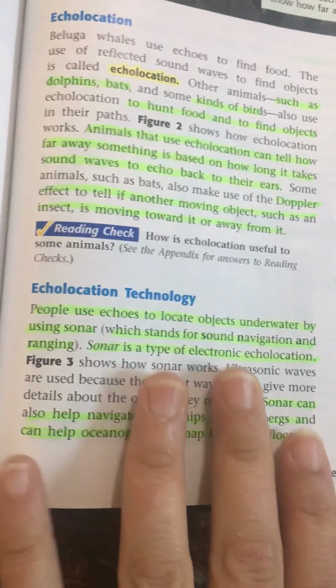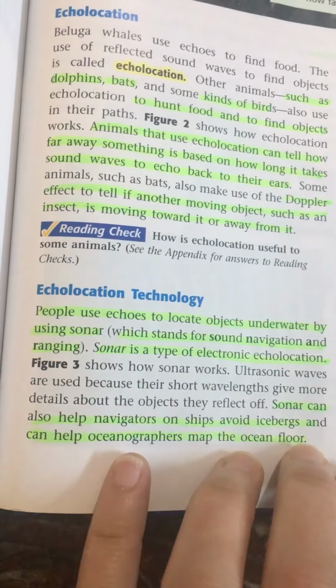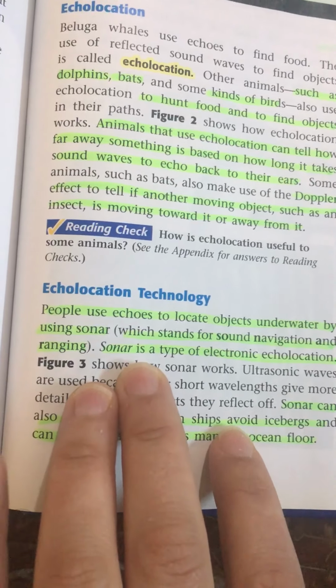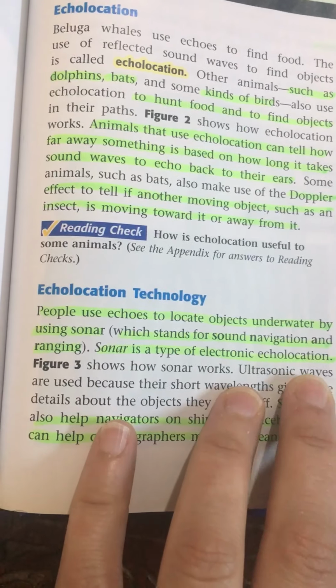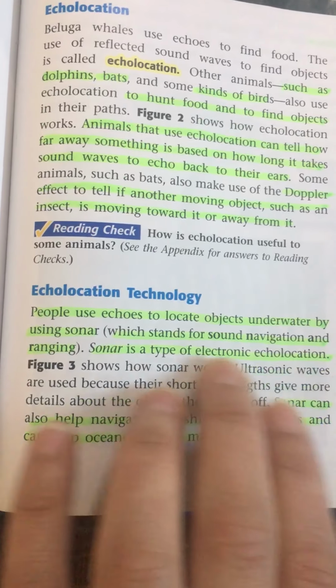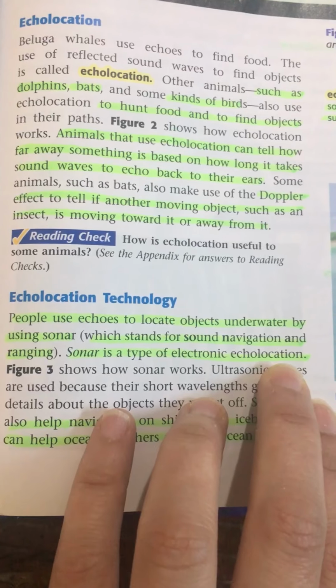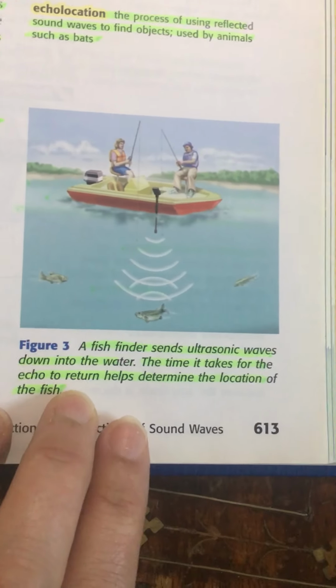Now, as humans, we also use echolocation for many things. The electronic device that uses echolocation we call sonar. So sonar is a type of electronic echolocation. Look at this figure.